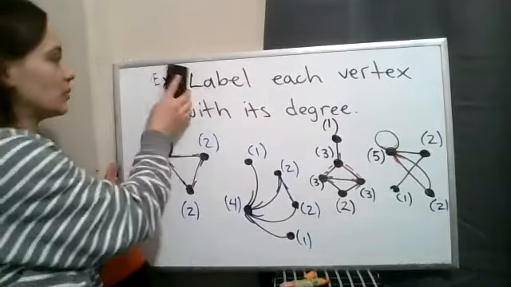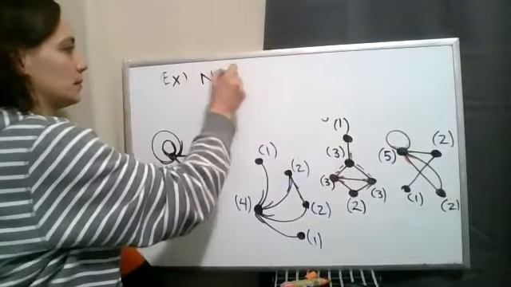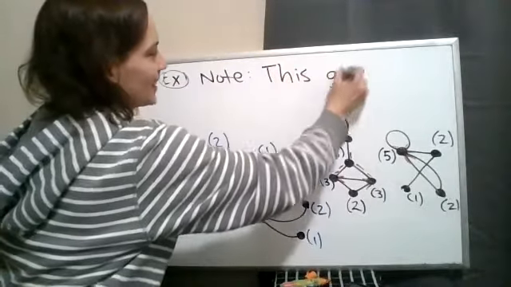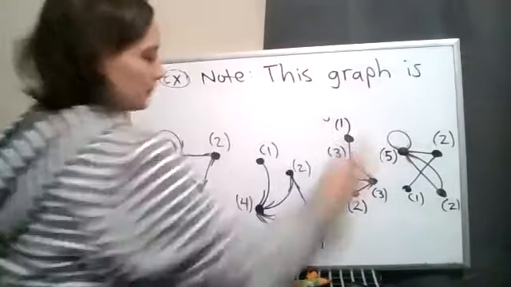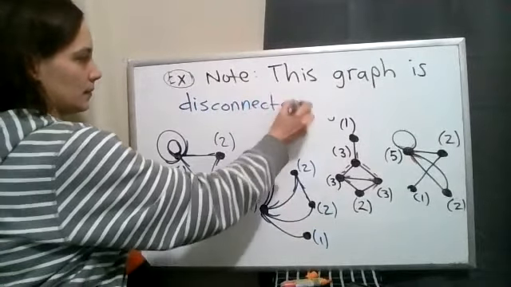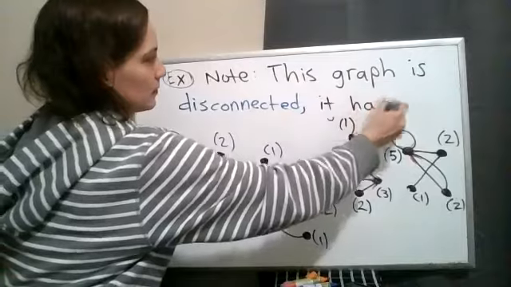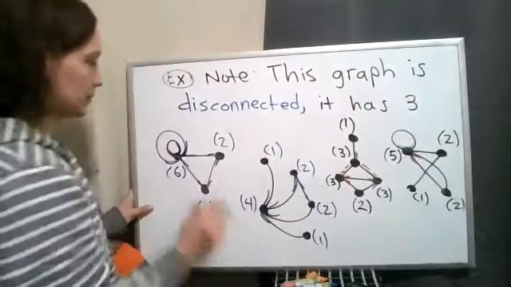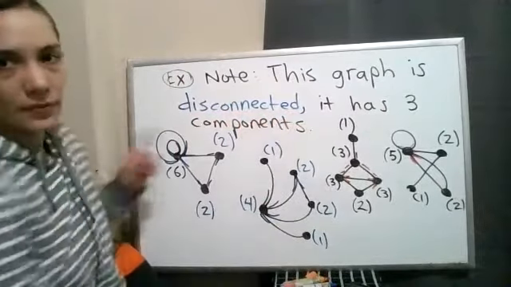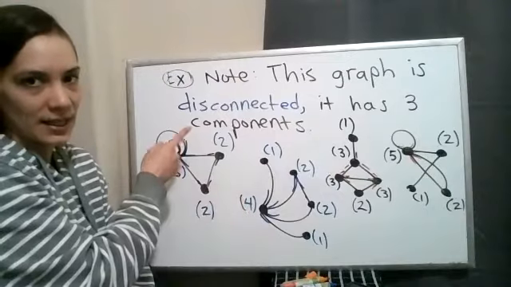So we're still working on this example, but okay, we've got 3 components, which means it's more than one component, which makes it disconnected.